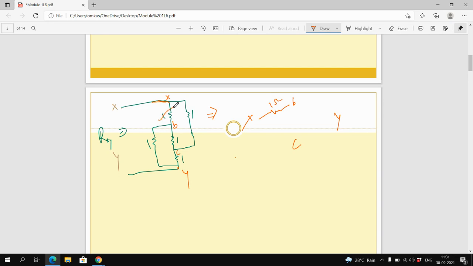Now this is completed. Between B and C, 1 ohm resistance is connected. Now this is completed. Between C and Y, 1 ohm resistance is connected. Now this is also completed. Now between B and Y, 1 ohm resistance is connected.